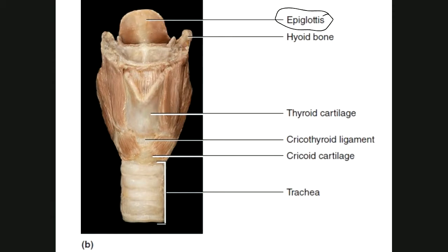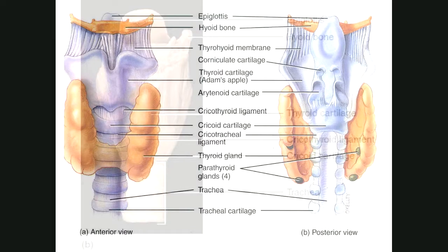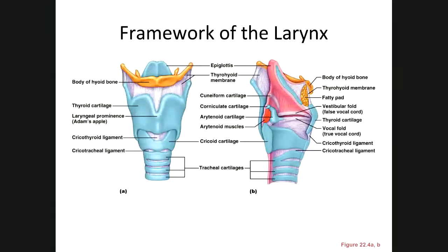If we go back to our model, it looks like this. And here's the epiglottis right here. So back here is where the esophagus is. So food comes down like this. And then what happens is this epiglottis will fold down like this.